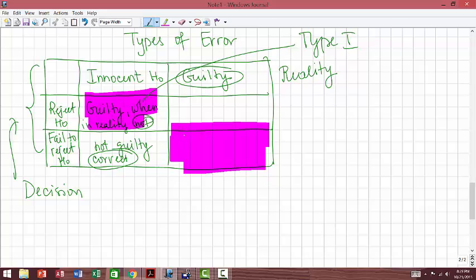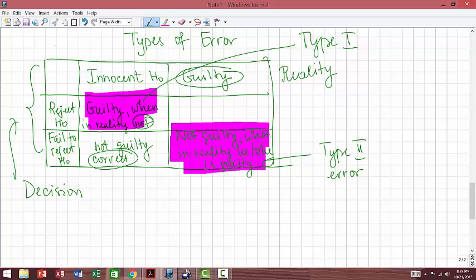So they say not guilty when in reality he or she is guilty. This is also an incorrect decision, right? So this is type 2 error.